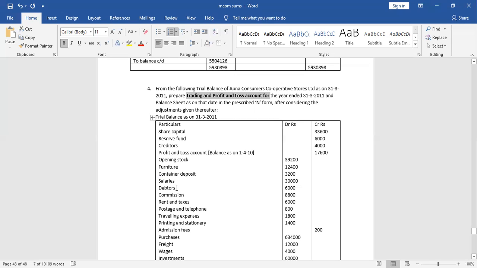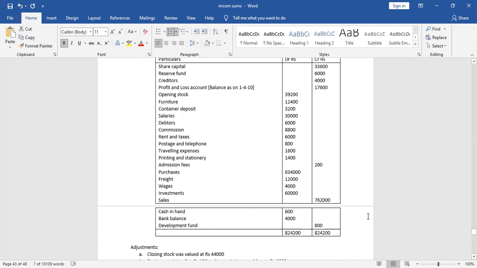Salaries, P&L account. Debtors, we have a separate column for debtors in the balance sheet. Commission, because it is in the debit side, it is commission paid, P&L account. Rent and rates, P&L account. Postage and telegram, P&L account. Traveling expenses, P&L account. Printing and stationery, P&L account.